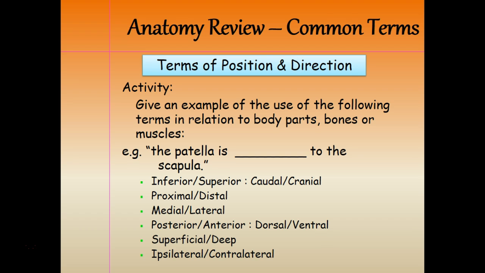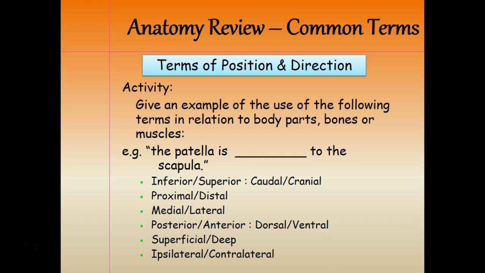Okay, in class, what I want you guys to do is give an example of the use of the following terms in relation to body parts, bones, and muscles. So I'll give you an example. The patella is blank to the scapula. Would you say the patella is inferior, superior, caudal, cranial? Would you say it's proximal, distal, medial, lateral, superficial, deep, ipsilateral, contralateral?